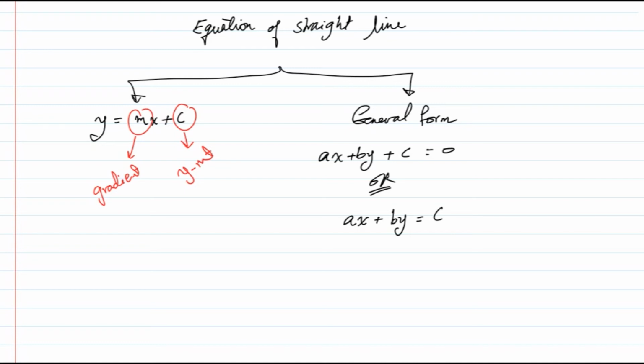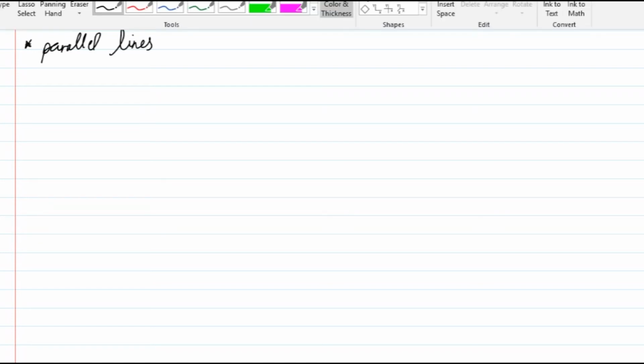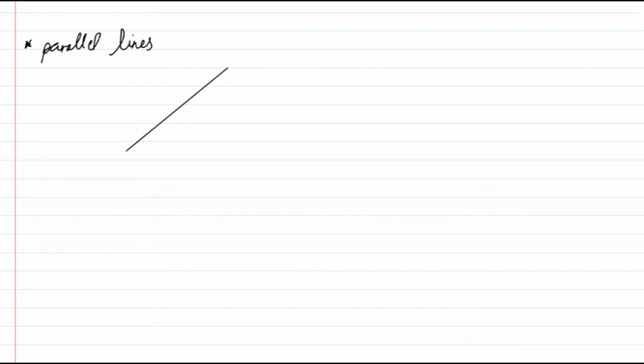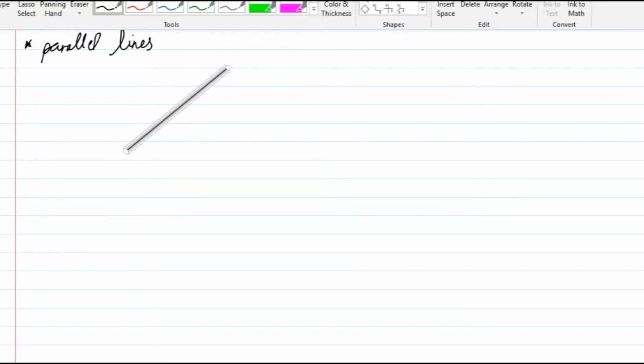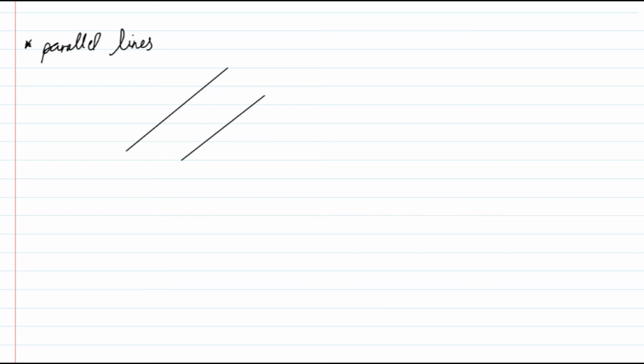The last thing to know is to compare the gradients of parallel lines and perpendicular lines. Let's say we have parallel lines. If we want to draw two lines, they have to be parallel. This is line 1, and let's draw line 2.